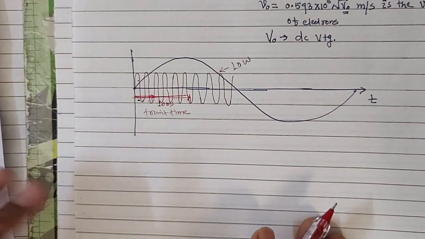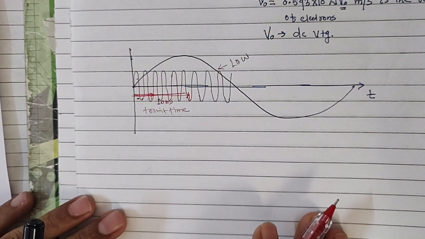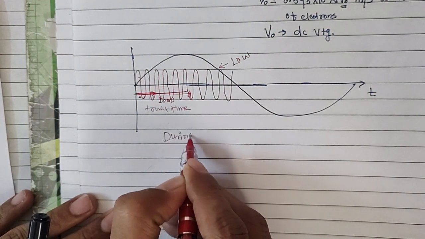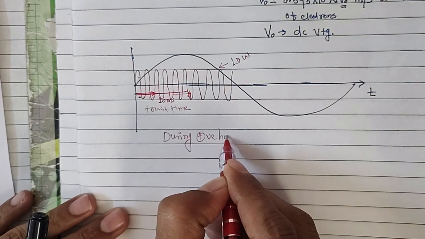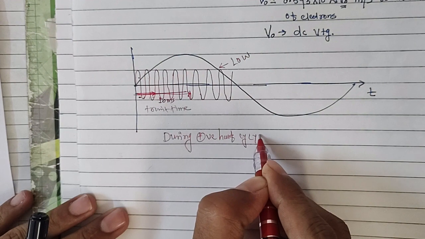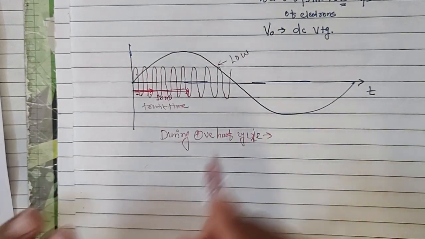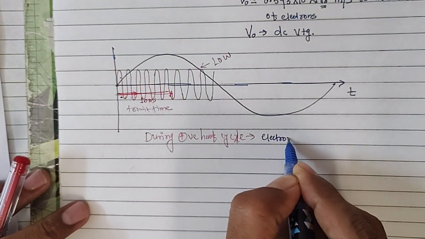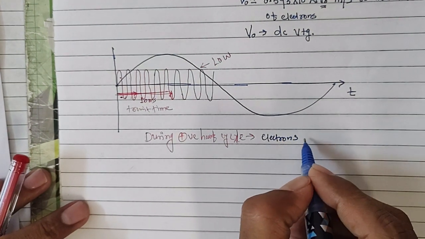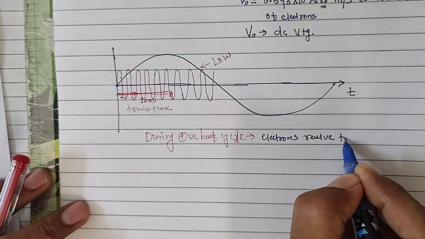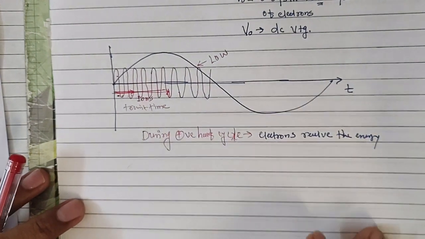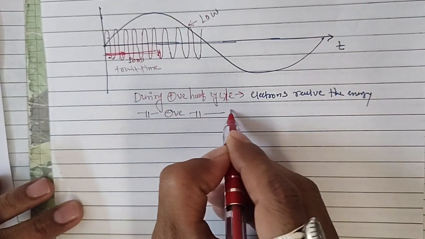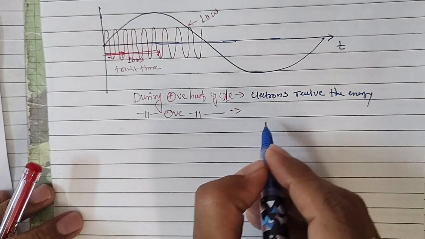So let us make it very clear. During positive half cycle electrons receive the energy, and during negative half cycle the same energy would be removed.